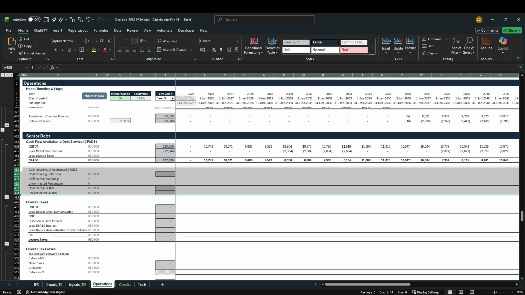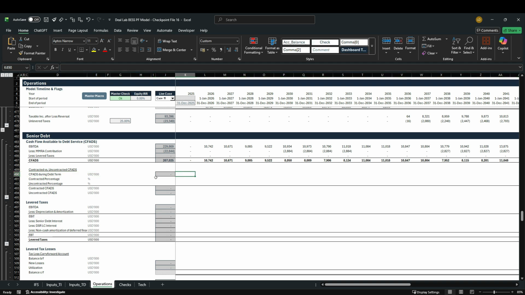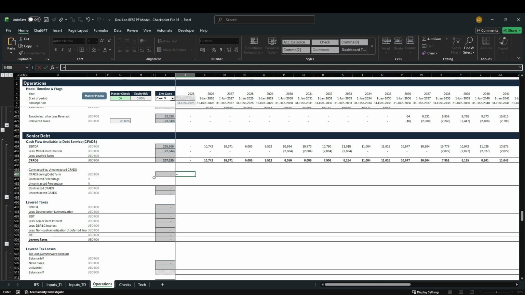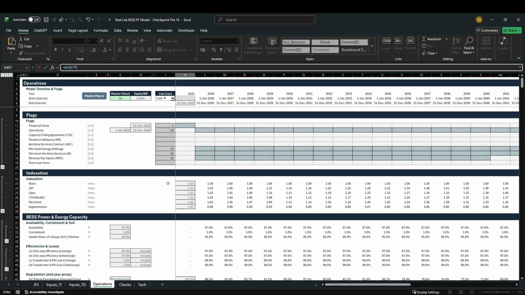And to model this split, first thing we will do is pull in our CFADS only during our debt term. And that is going to be equal to our CFADS in 487 and then we'll multiply this with, let's scroll up, our actual term loan tenor flag in row 19.